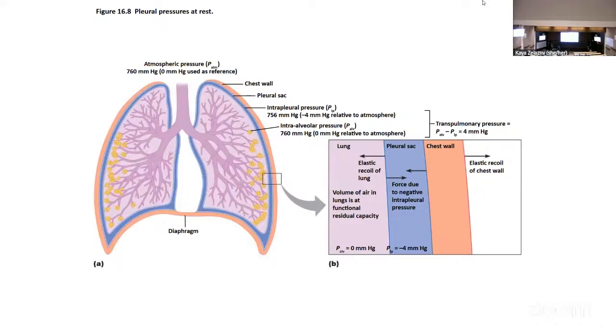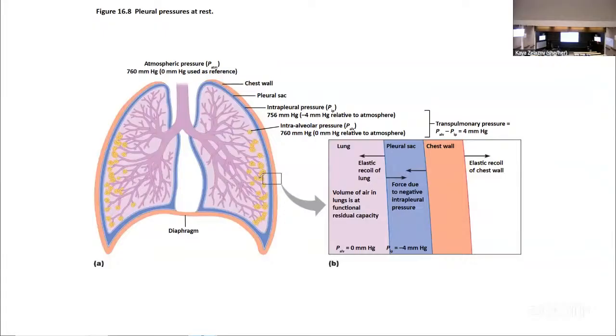So here are those pressures that we're looking at, right? We're taking a section. We're going to have our alveolar pressure here in the alveoli. So when we zoom in, here's our alveolar pressure. And we see our alveolar pressure in this image is at 0. When we have an alveolar pressure of 0, that means we've got a relative pressure. We set it equal to our atmospheric pressure, and we subtracted the atmospheric pressure away, we can imagine.